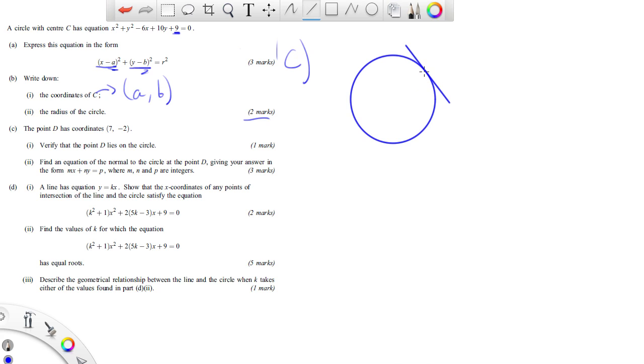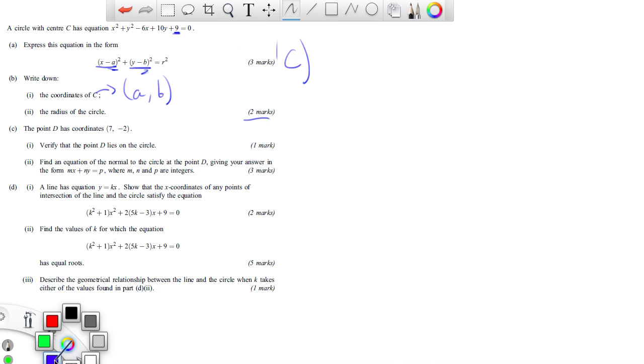A tangent only touches at one point, so for the normal, we want it to intersect this at 90 degrees. If I go through any other point of the circle, it's not going to be perpendicular to that tangent, so therefore it's not going to be normal to the circle. So what it must do is go through the center of the circle, and that's going to give us a line that's normal to the circle.